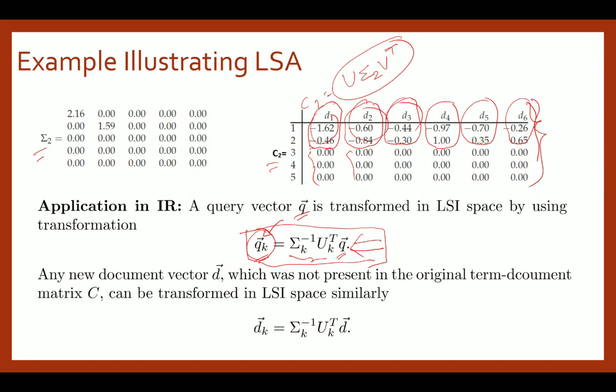In fact, this SVD decomposition can be done in an incremental way, in the sense that if a new document comes, that document can easily be transformed into the new vector space by using the same formula.